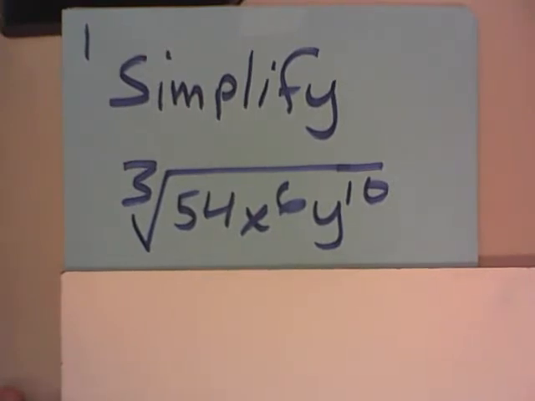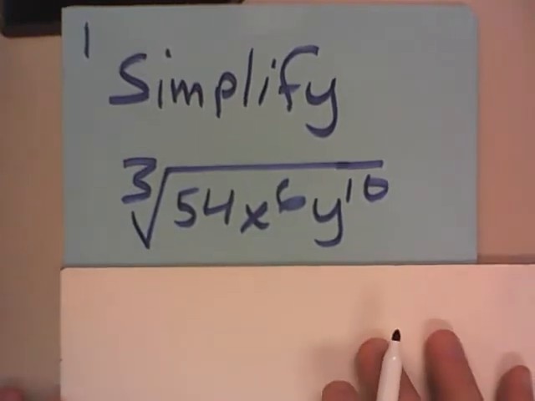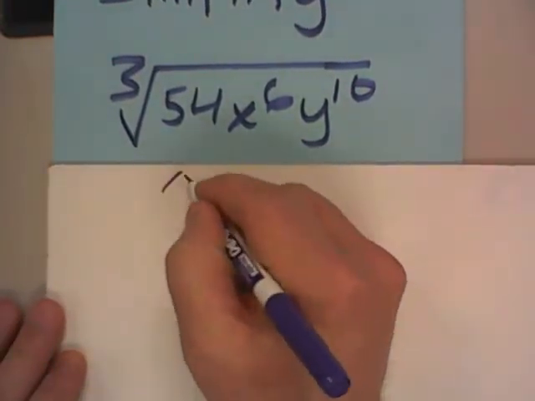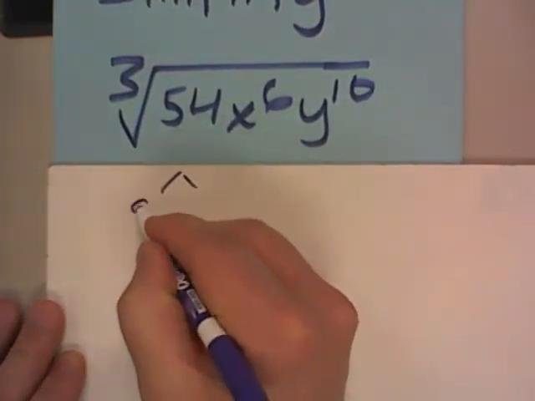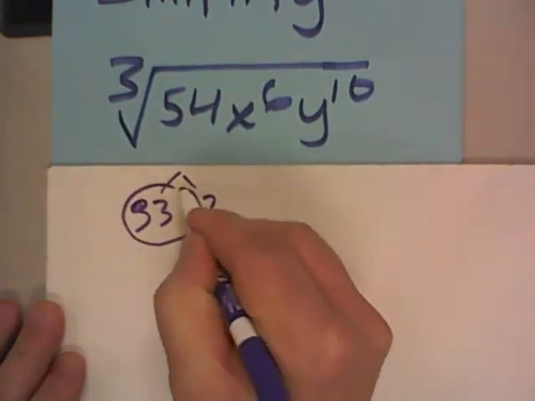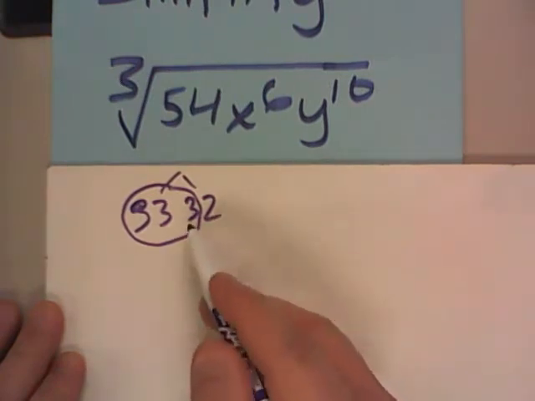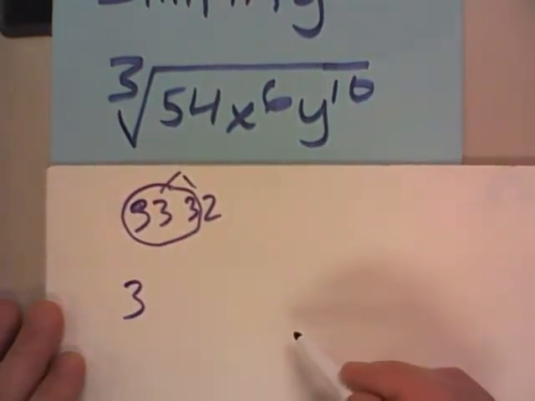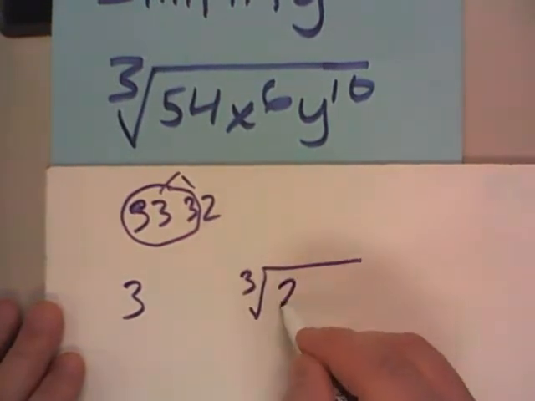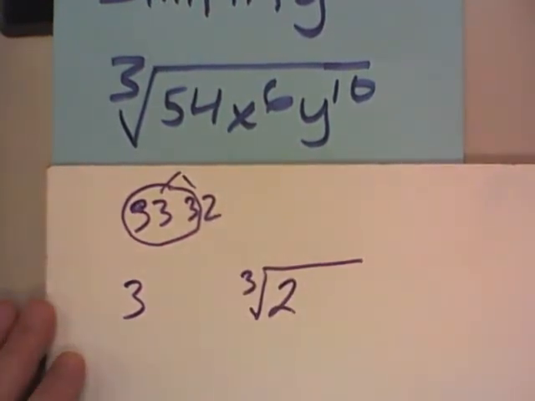The first one is simplifying a radical. We have a cubic, so we're going to simplify the cube root of 54. Now 54 is 9 times 6, and 9 is 3 times 3, and 6 is 3 times 2. So I have a group of three 3s, so I'm going to pull that out, and eventually I'll have a cube root, and I'll need this leftover 2 to be inside that cube root.